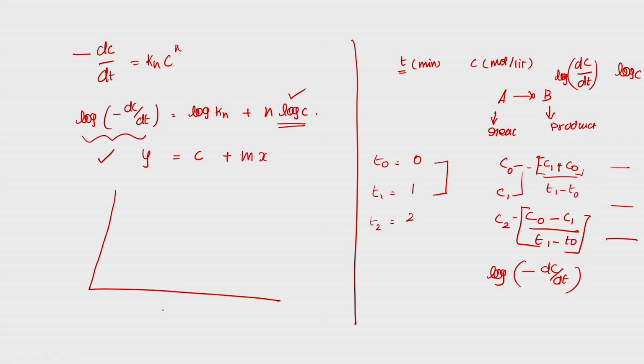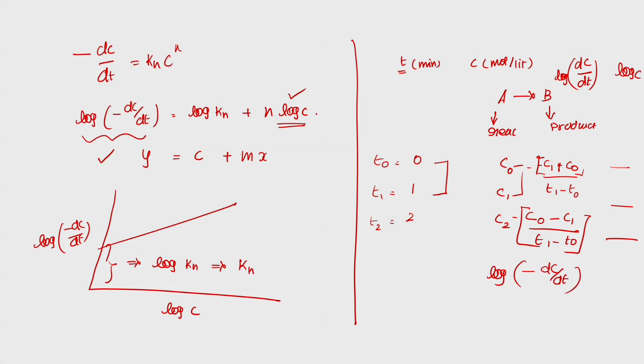So x is nothing but log C. On the x axis log C, on the y axis log of minus dC/dt. I will have a linear line, and the intercept is nothing but log Kn. From this I will be able to calculate my rate constant for the nth order reaction.